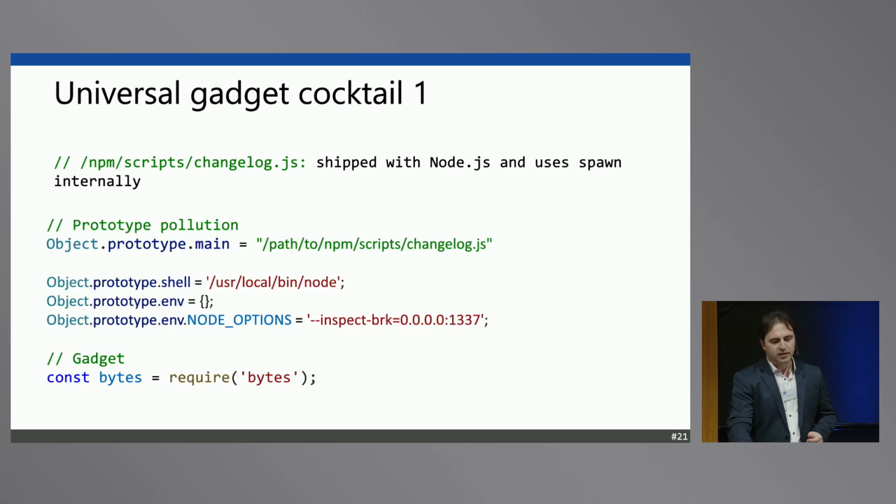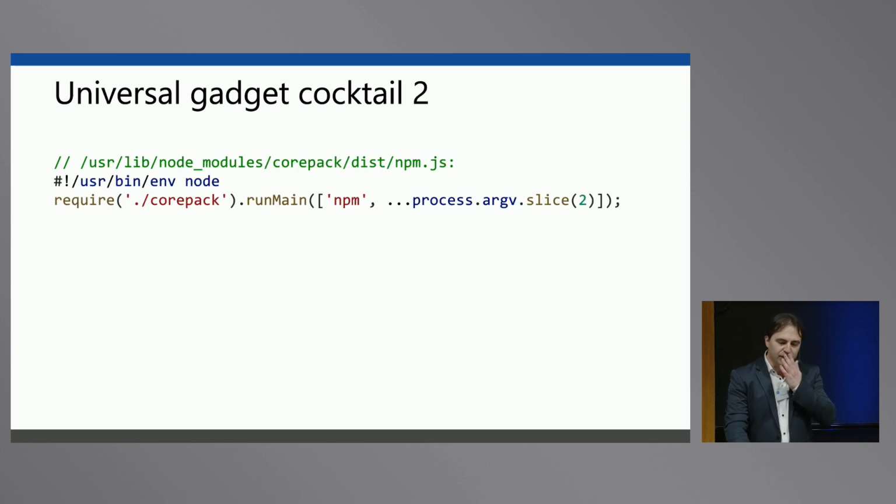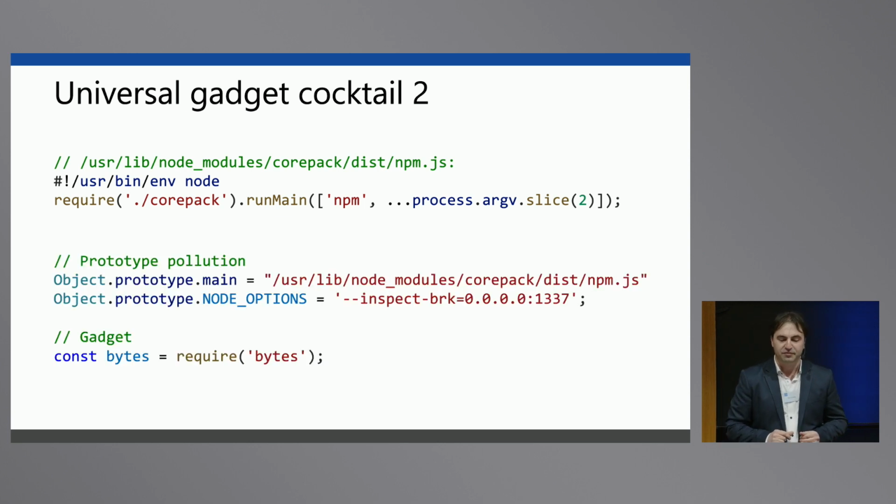Okay? So now all I need to do is just point my main to a file that exists in the system. That file will execute spawn, and then I combine it with the first gadget. Okay? So sort of it becomes easier for the attacker here too. Again, another file in the system is this npm.js, which calls the node process. Again, details don't really matter here, but I can achieve remote code execution with sort of less effort here.